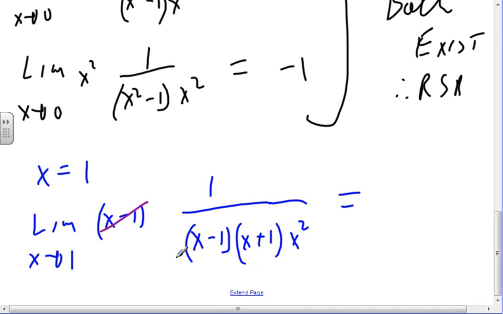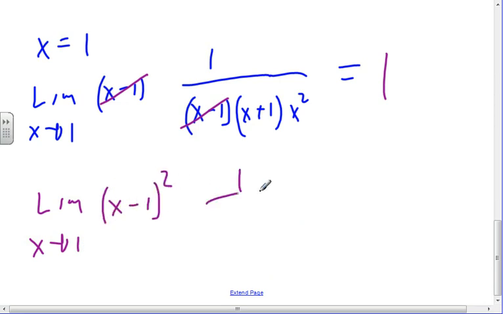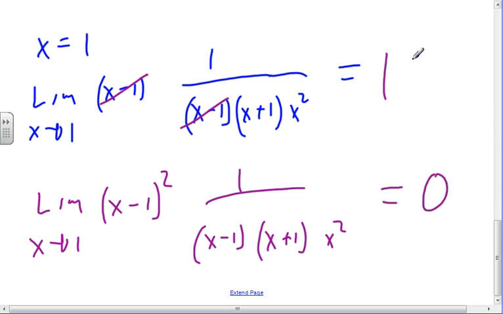These two factors go away, and I come up with 1. I look at the limit as x goes to 1 of (x minus 1) squared times 1 over (x minus 1)(x plus 1) x squared. I get that to be 0. They both exist.